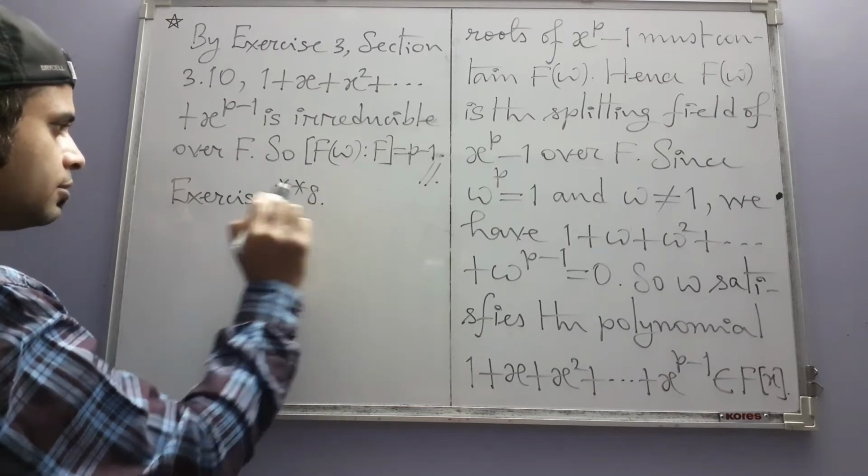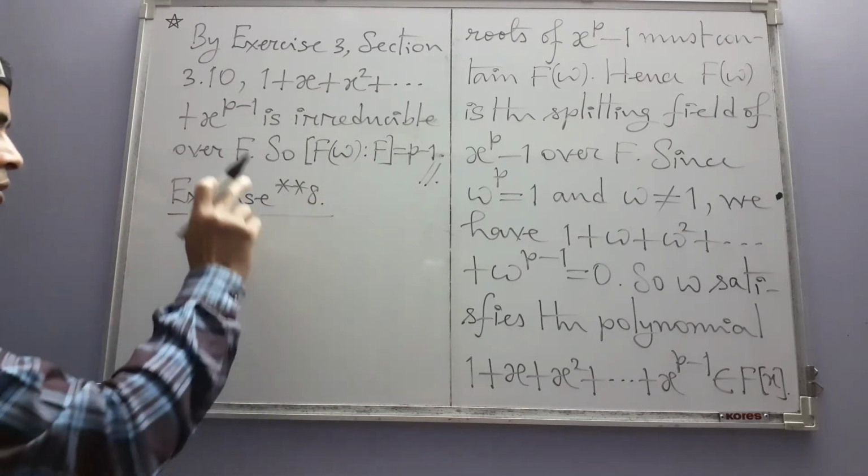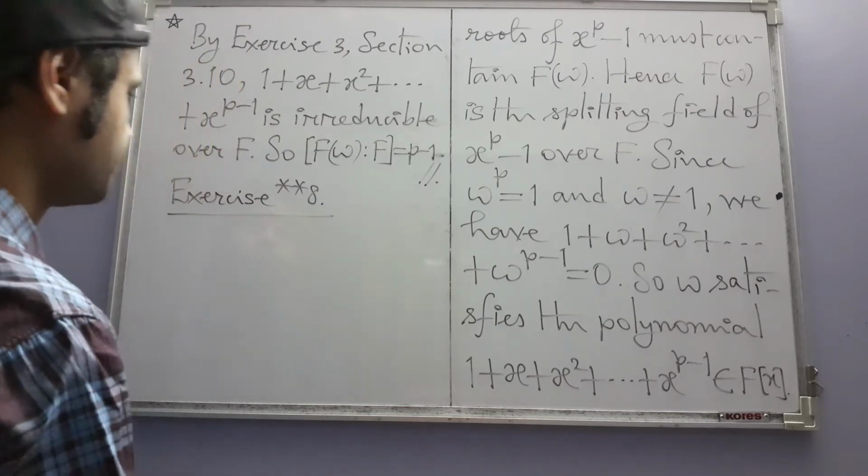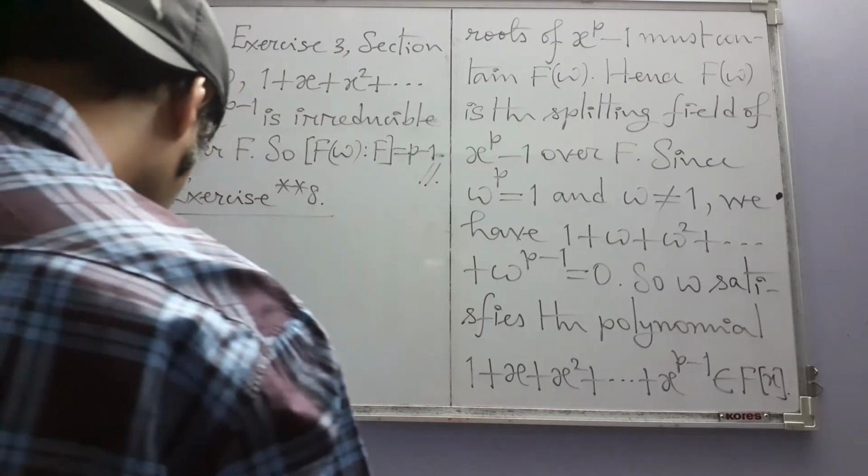Exercise 8. It comes with 2 asterisks, indicating that it's quite difficult.